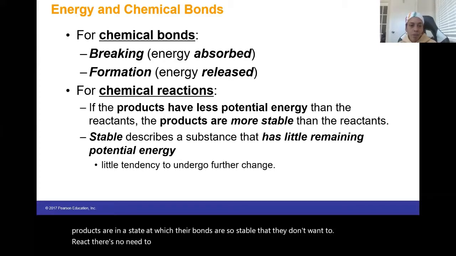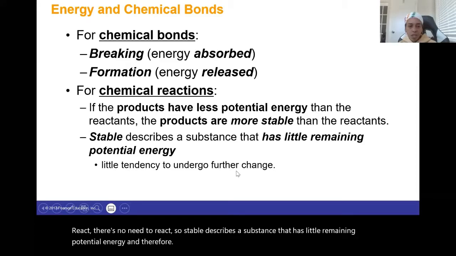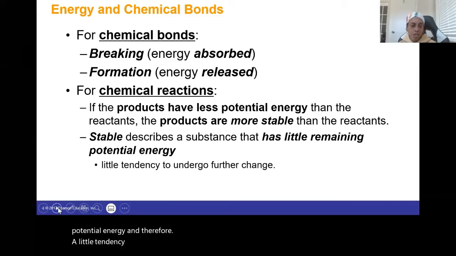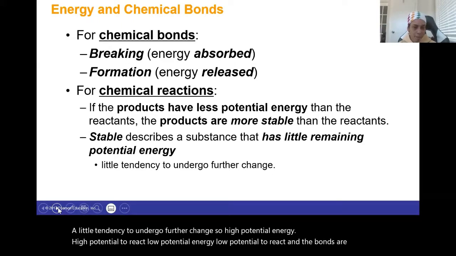So stable describes a substance that has little remaining potential energy and therefore a little tendency to undergo further change. So high potential energy, high potential to react. Low potential energy, low potential to react, and the bonds are stable, or the compound is stable.